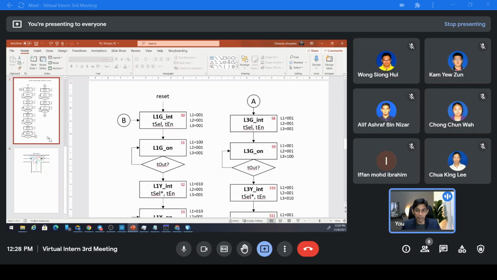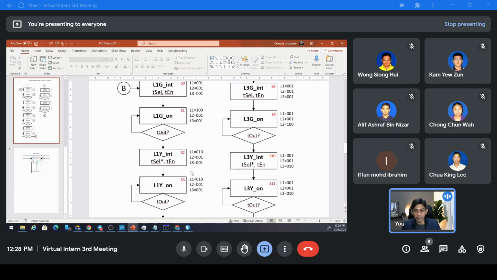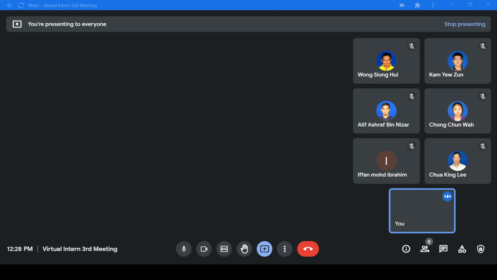So you can use this and modify this flow. How to do that? Actually it's not that difficult. Let me give you an example.